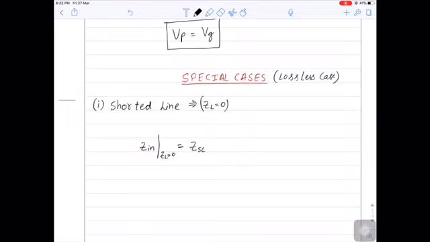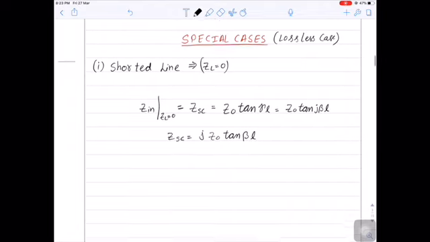That means short circuit impedance is equal to ZO into tan gamma L. Since it is a lossless transmission line, alpha equal to 0, that is equal to ZO into tan j beta L. Therefore, the short circuited impedance is equal to j into ZO into tan beta L.